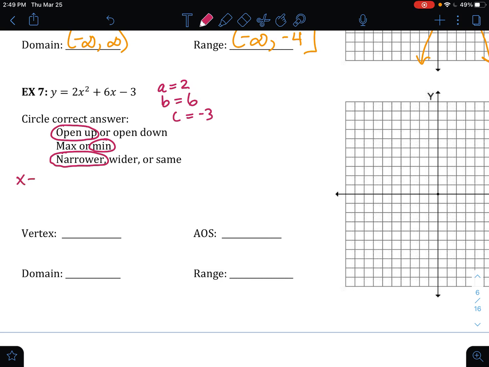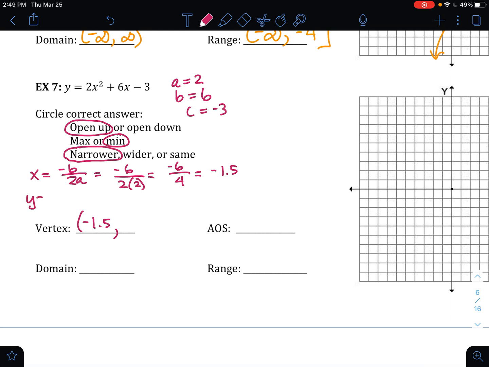Okay, let's do the vertex. x equals -b over 2a. So that would be -6 over 2 times 2. So -6 over 4. I'm going to get a decimal here. That's okay, it's a 0.5, so we can work with -1.5. Now plug in -1.5 for x, and let's see what y turns out to be.